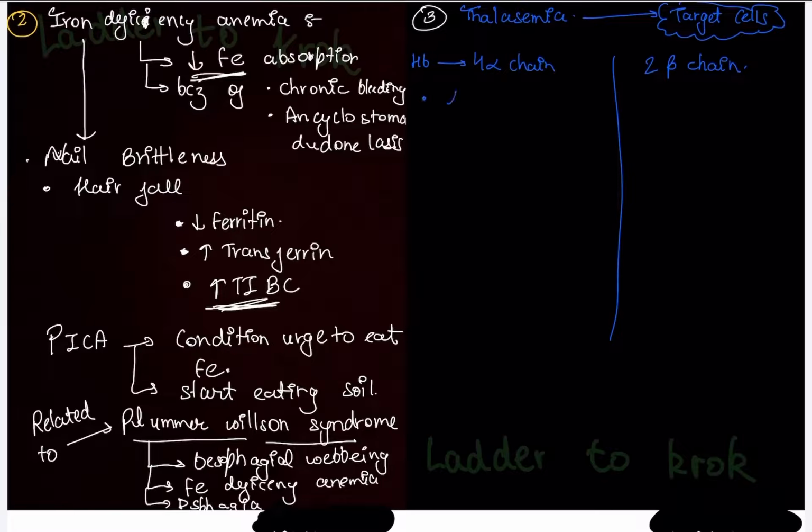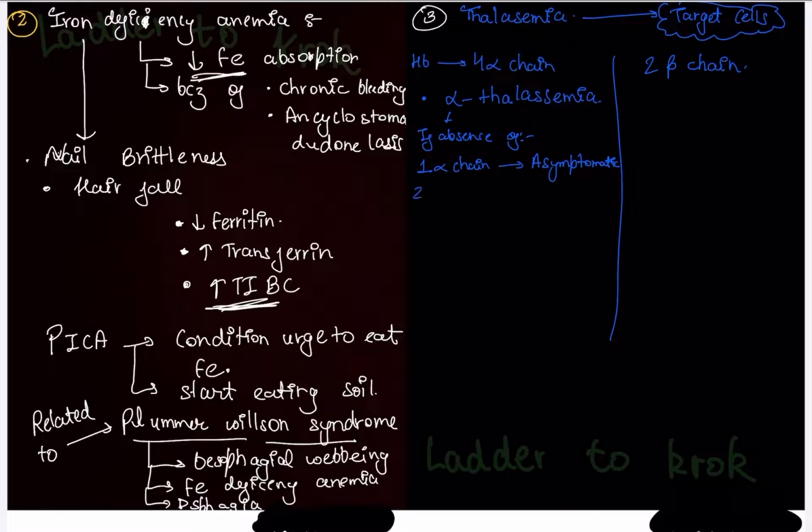Now there are 2 types of thalassemia. The first one is alpha thalassemia. If there is absence of the first alpha chain, or a problem in it, then it is asymptomatic.